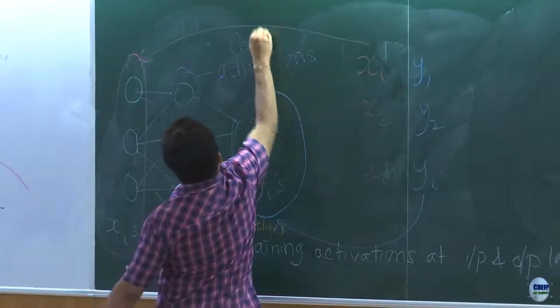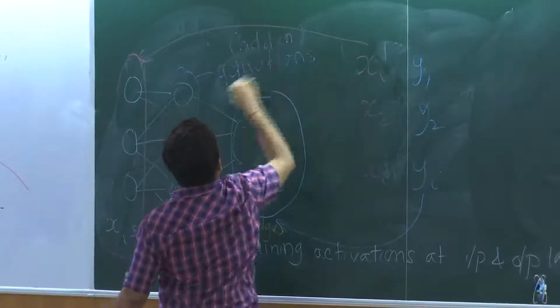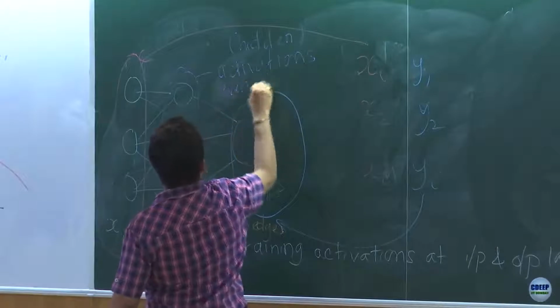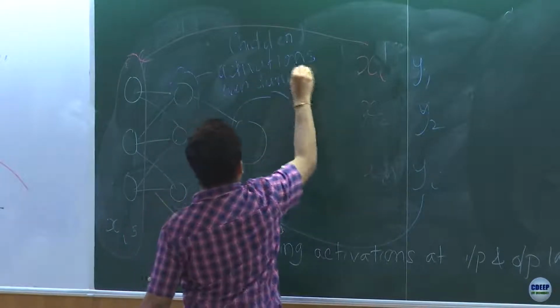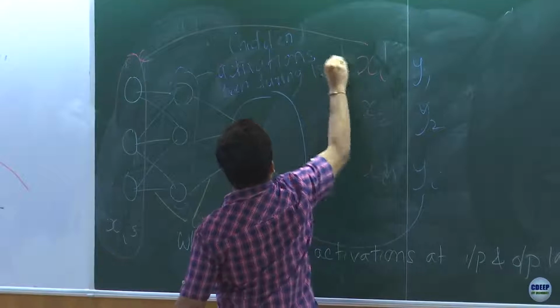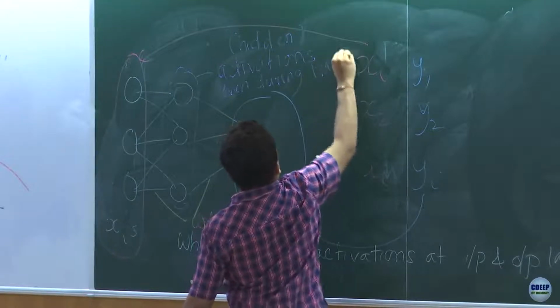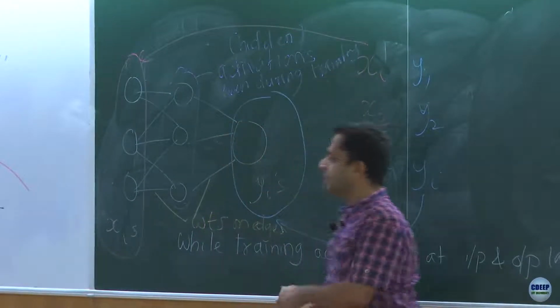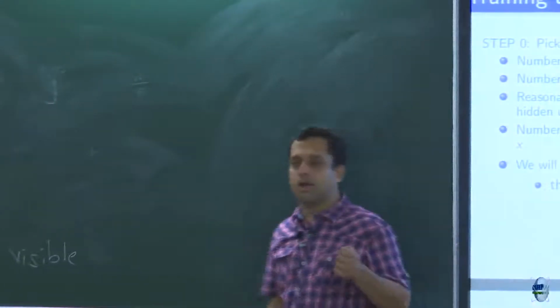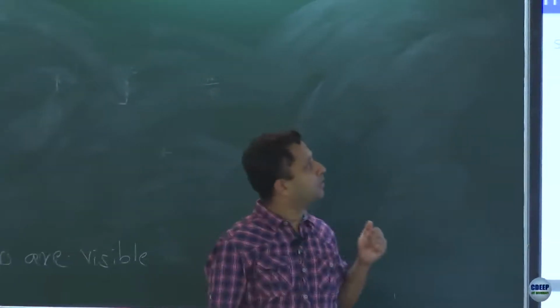So these activations are actually hidden even during training. So this is what you have to keep in mind while training the neural network.